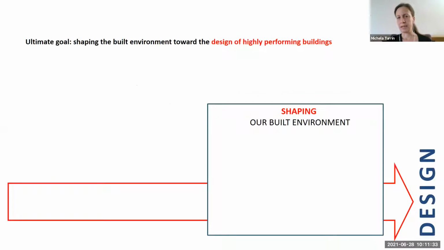Starting from the design, I highlight that we are talking about shaping the built environment in certain specific features, with the general idea of achieving highly performing buildings, performing in the very broad sense I just described, but case-specific, dealing with specific design briefs.